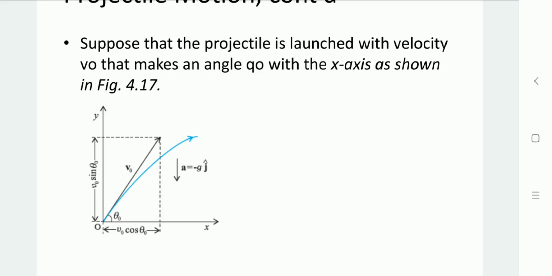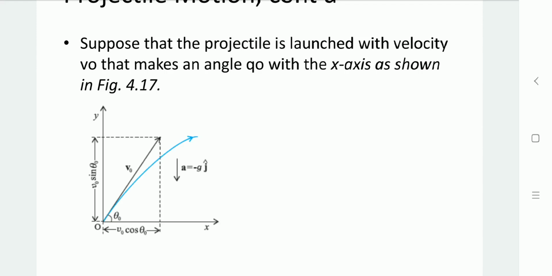The angle theta is generated between the direction of motion, the velocity v0, and the x-axis. So cos theta equals vx by v0, so vx equals v0 cos theta. For the y component, sin theta equals vy by v0, so vy equals v0 sin theta.